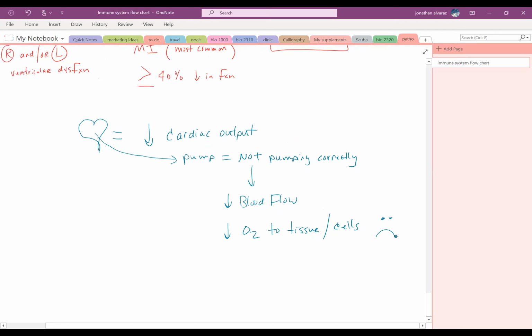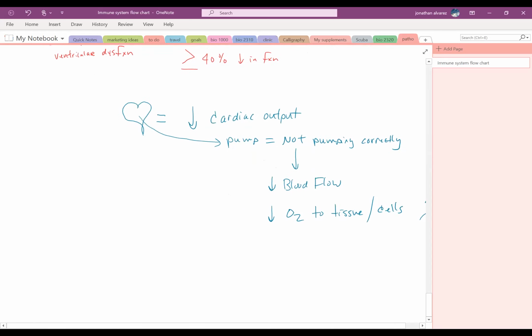And then back to what we wrote earlier, you get all these toxic buildups, you get the lactic acid, you get all the inflammatory response, okay? All right, so this decrease in cardiac output is because the heart's not pumping correctly.